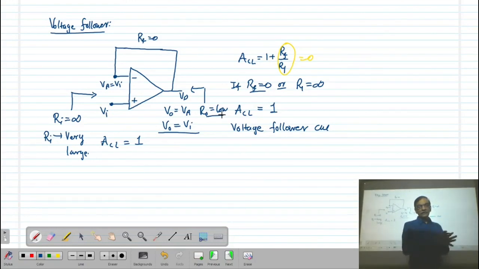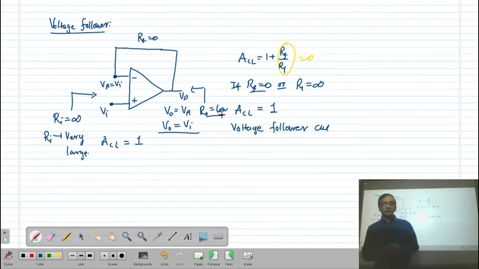Suppose your signal is transferring from a higher impedance to a lower impedance. Without impedance matching, there will be a loss of the signal as well as distortion. So if you want to transfer the signal without distortion and loss, then between the high impedance circuit and the low impedance circuit, we connect the voltage follower. Without any amplification, your signal will be transferred to the lower impedance.